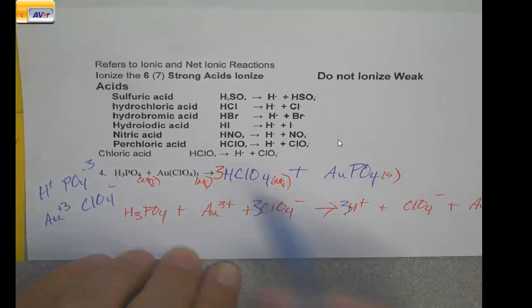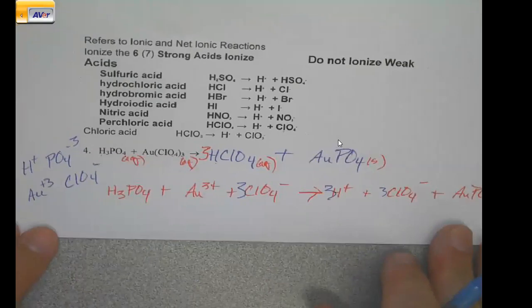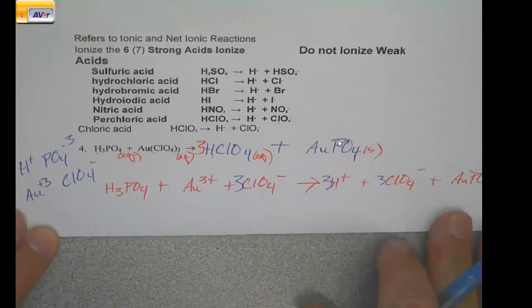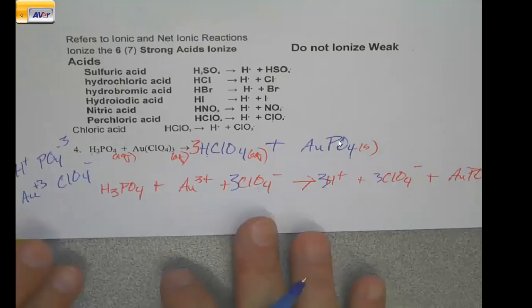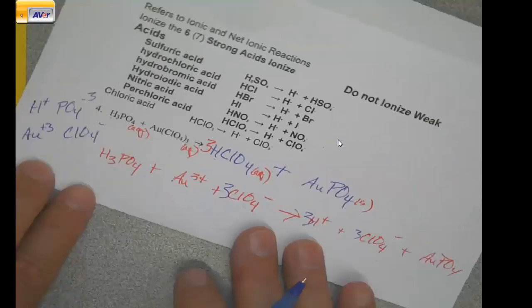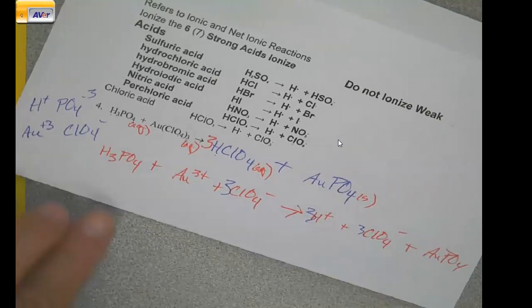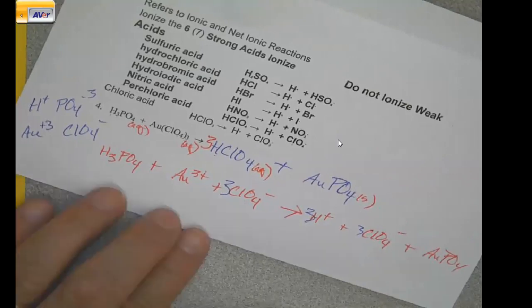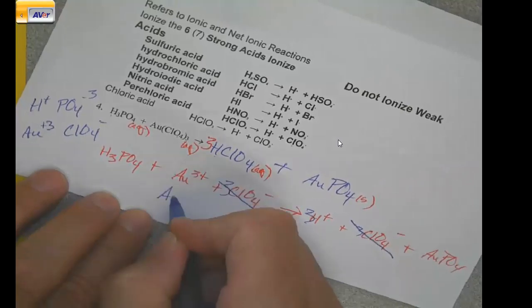Okay. Good. Now, any spectator ions we can cancel out? ClO4 minus. Good. Okay, starting with the Au3 plus, what's our net ionic reaction?